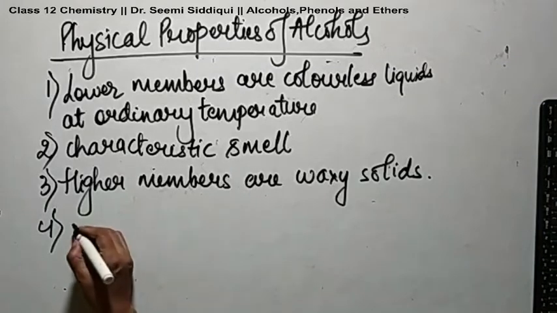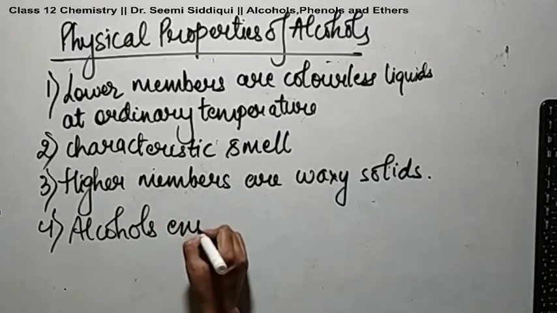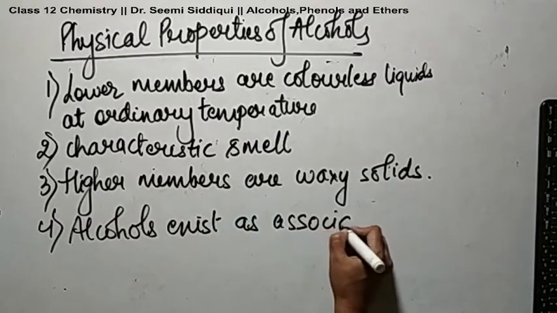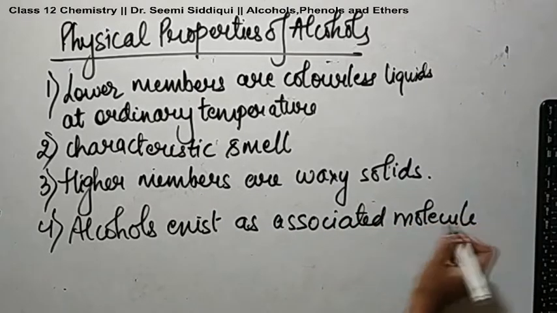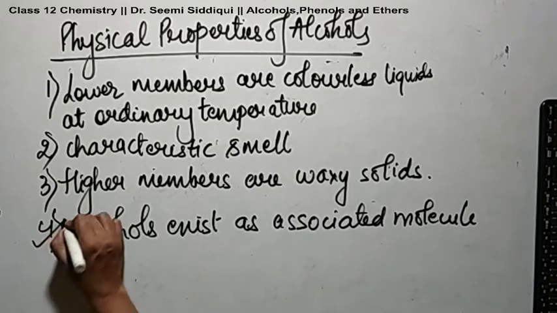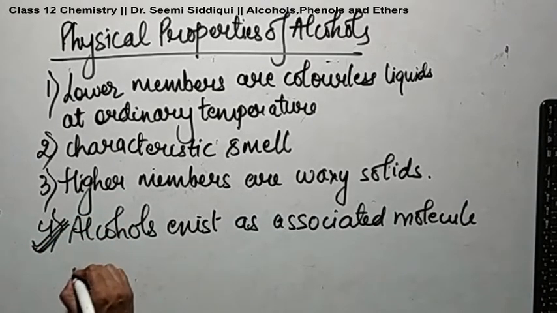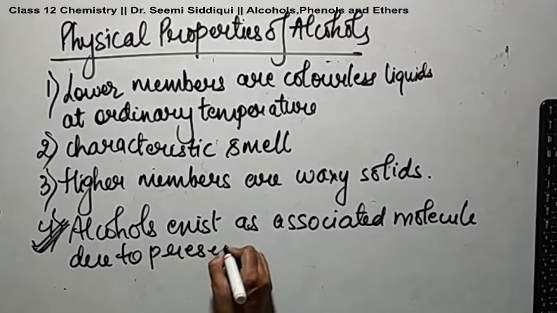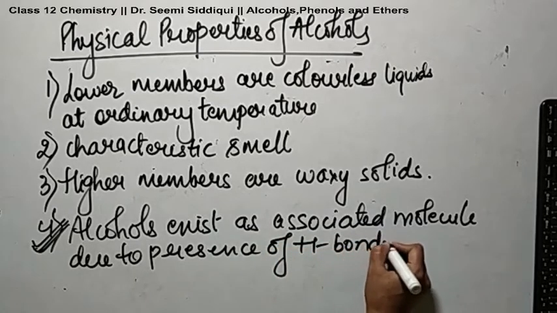The fourth point: alcohol exists as an associated molecule. Here a give-reason 1 mark question is expected. Alcohol exists as an associated molecule due to the presence of hydrogen bonding.